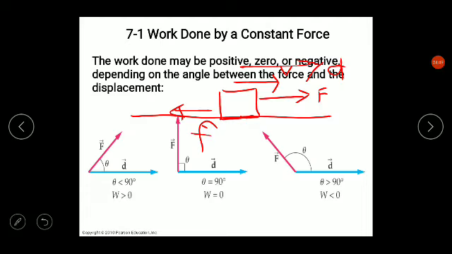If you lift the bag, say you have here a bag, then bring that bag somewhere, you are now covering certain displacement.